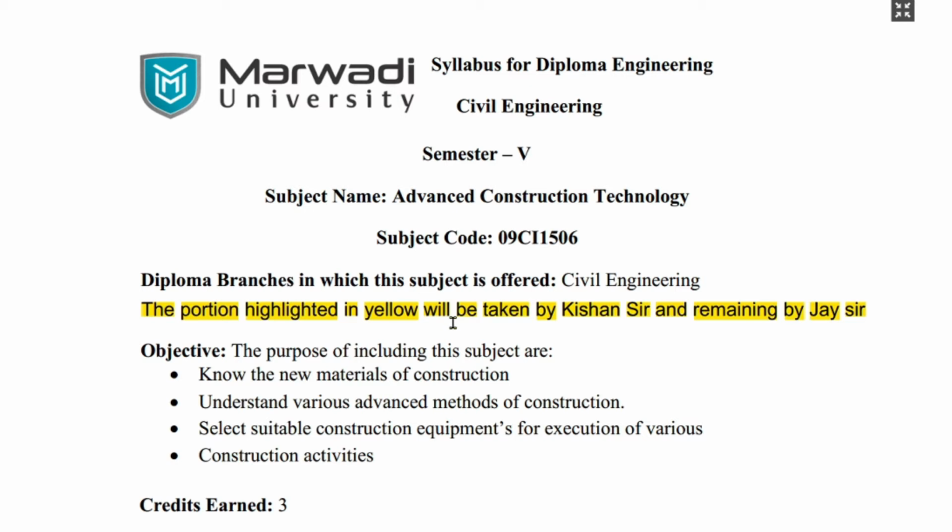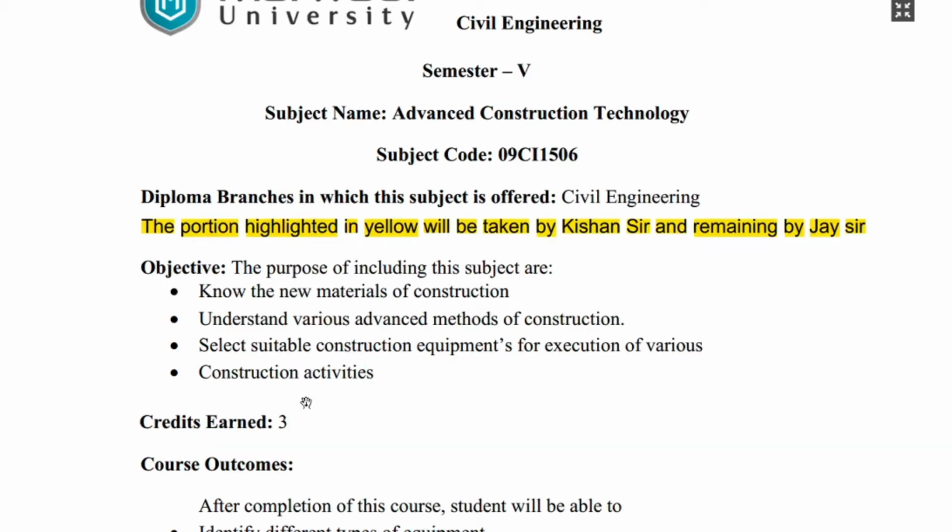Now the purpose of including this subject is to know the new materials available in the construction field. Sometimes we need to shift the technology, understand various advanced methods of construction, that we will also discuss. Then you will be able to select suitable construction equipment for the execution of the various projects or various construction activities.